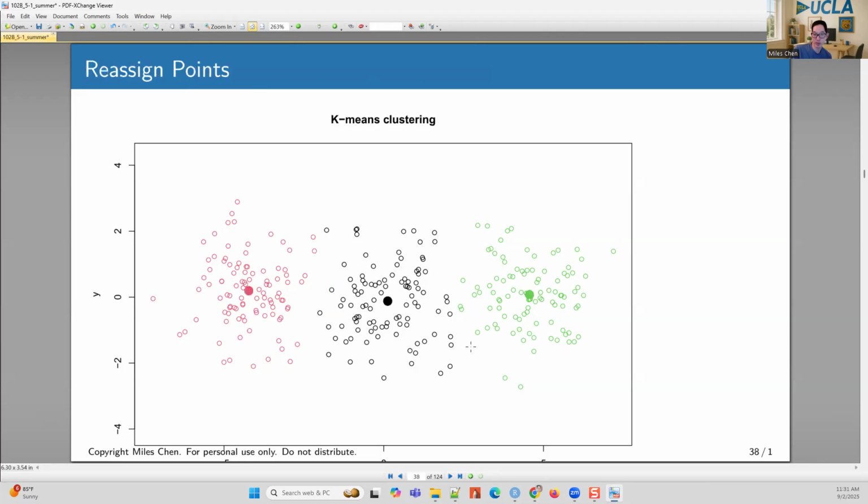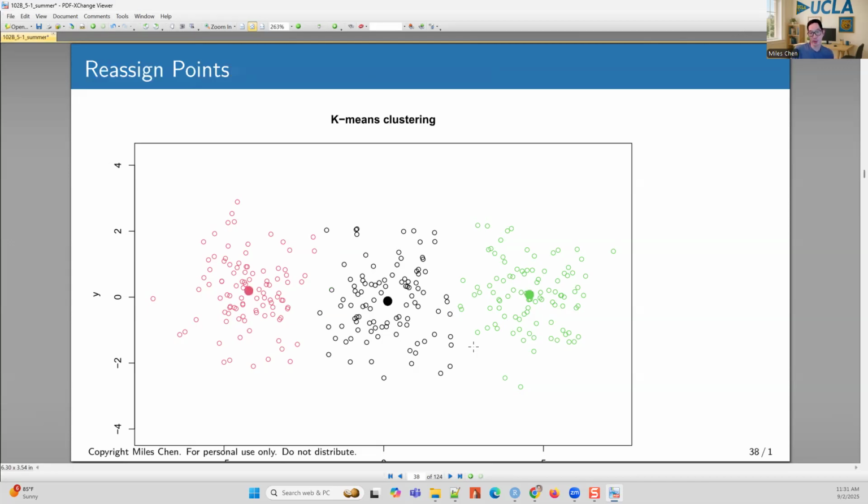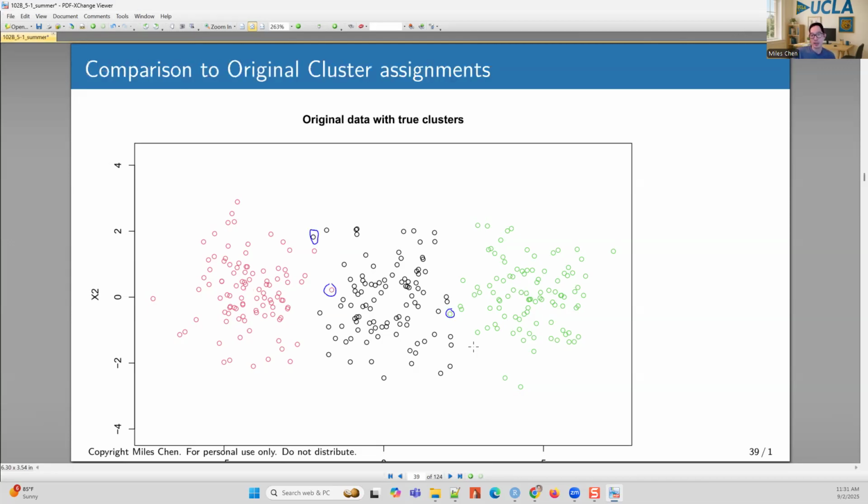I think those ones changed. But other than that, I think it identified the clusters quite well, right? And I would say these ones are kind of outliers for each of their respective original classes. So we say this clustering algorithm seems to have performed quite well. And that's what we have there.